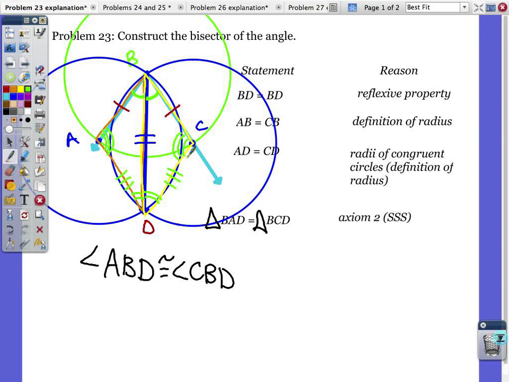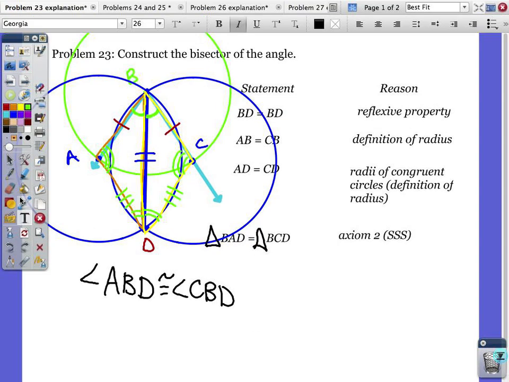I need that angle ABD is congruent to angle CBD, by reason CPCTC.